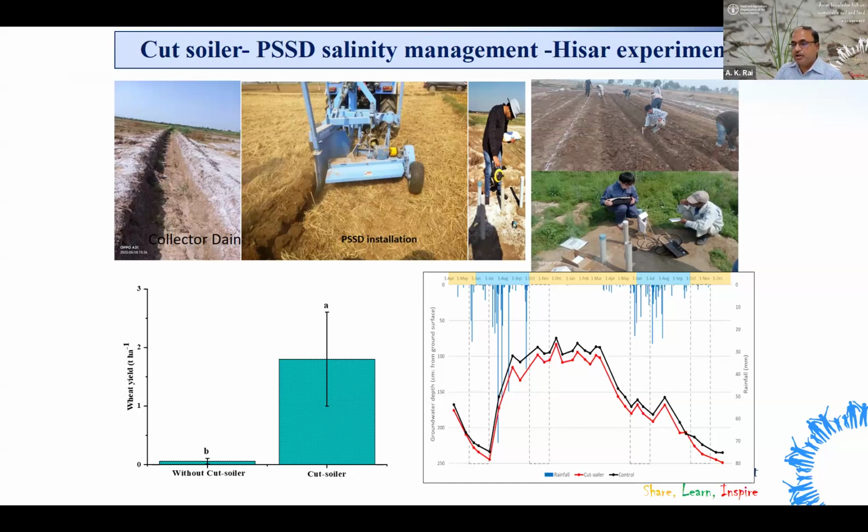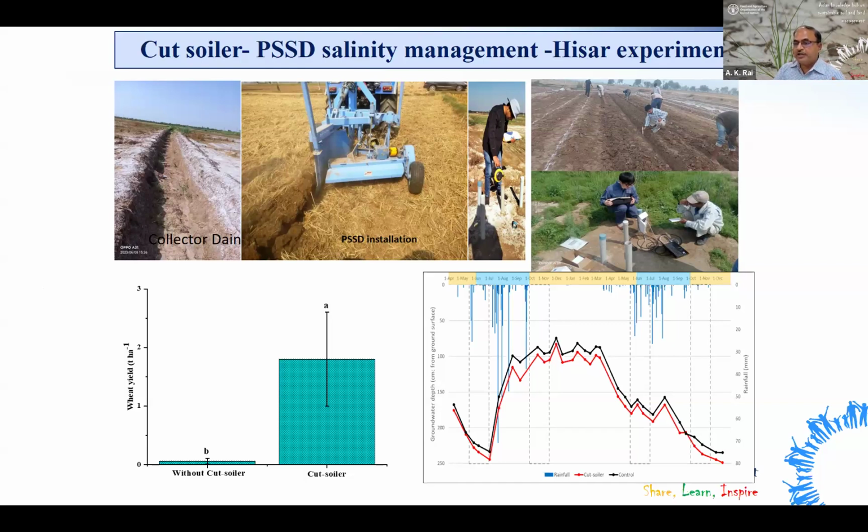Because till now in India, just to economize the cost of reclamation, we were mostly dependent on applying 50% of the total gypsum requirement. So still some residual sodicity exists in those reclaimed lands, and there is a very limited chance of growing high value crops, as Ma'am Kevin was asking about horticultural crops.